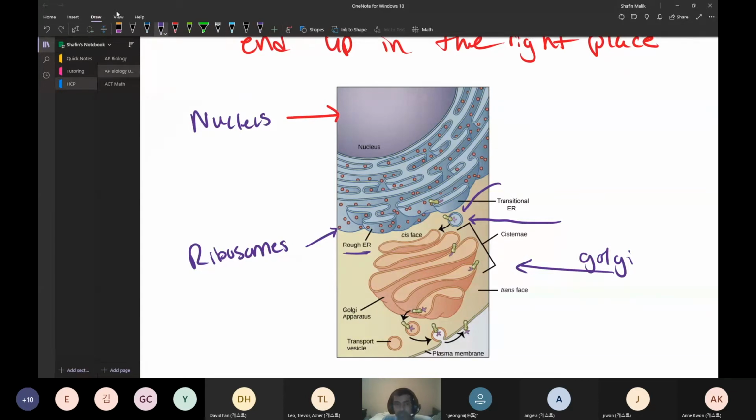Okay, now once it reaches the Golgi apparatus, the tag disappears from the vesicle, but it stays with the protein like this.